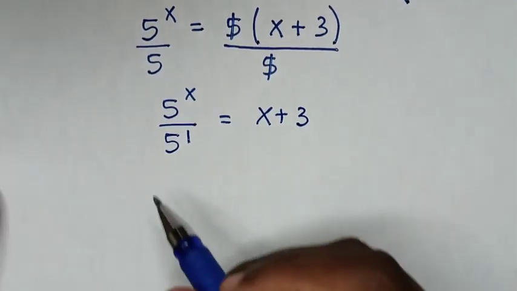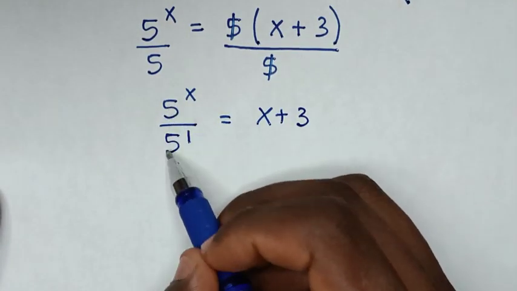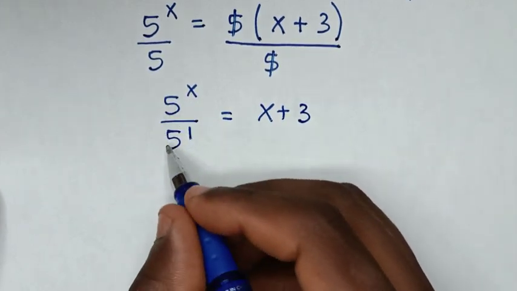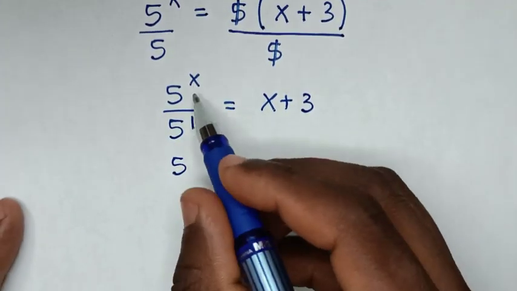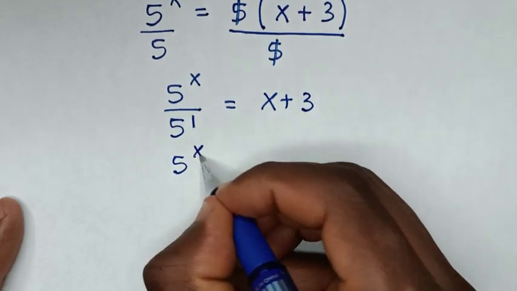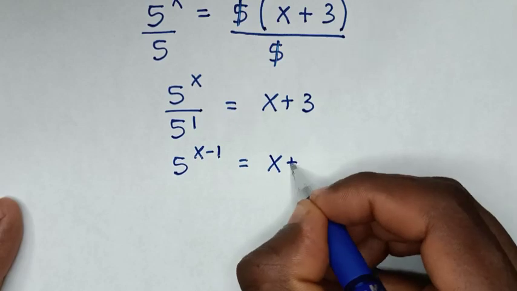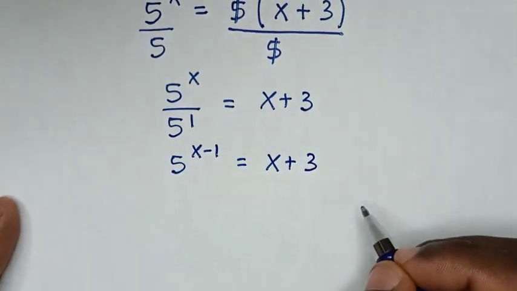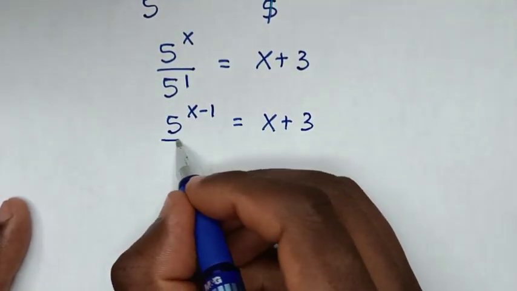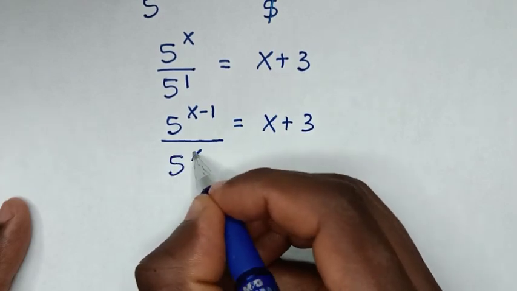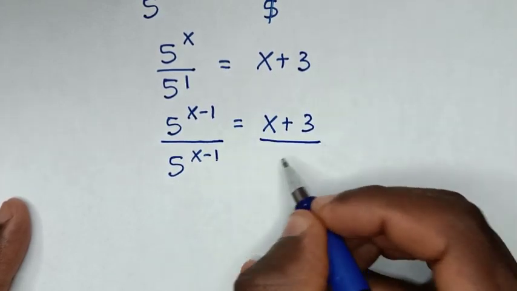Then in the next step, division of exponents with the same base but different powers gives the same base 5 with power x − 1, which is equal to x + 3. Then we divide by 5^(x−1) on both sides.